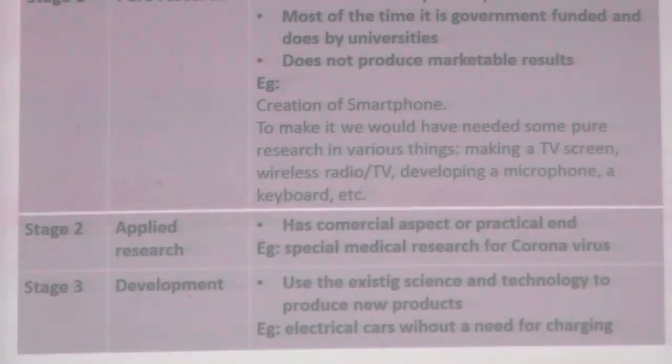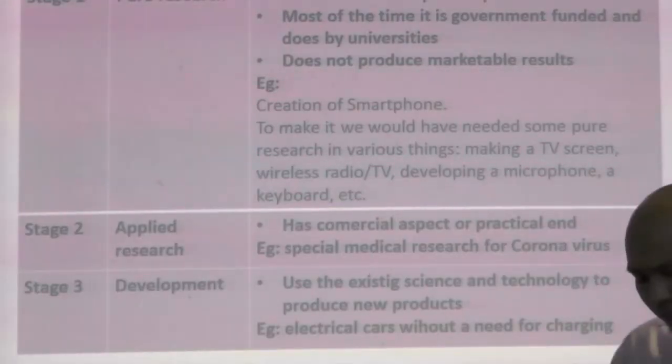Through solar power technology, productivity can be increased and new innovation can be done. So through that, electric cars without the need for charging can be developed in future. So I think through that example you can understand what pure research, applied research, and development are. Those are the 3 stages.